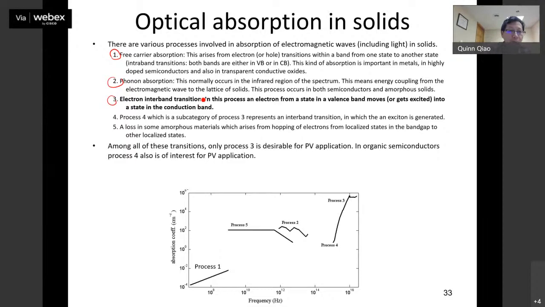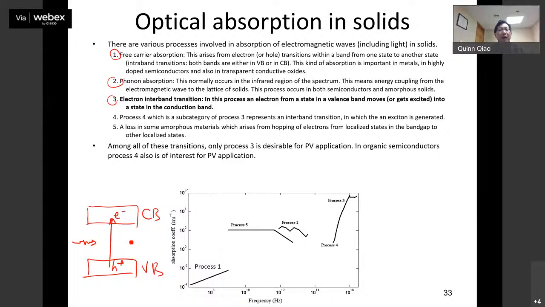Let me focus more on interband absorption. What is interband absorption? This is the conduction band, CB, and this is the valence band. Interband involves two bands. If a photon comes and promotes an electron from the valence band to the conduction band, that is interband transition, interband absorption.